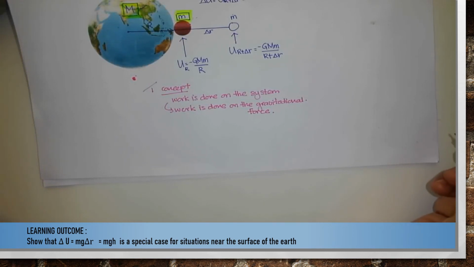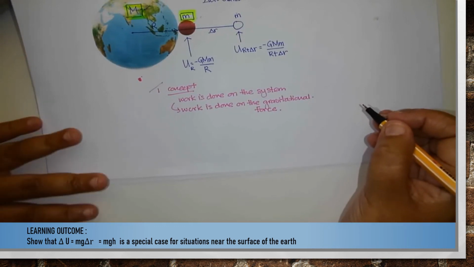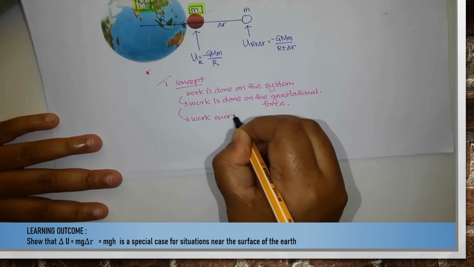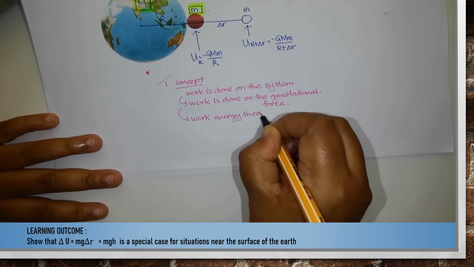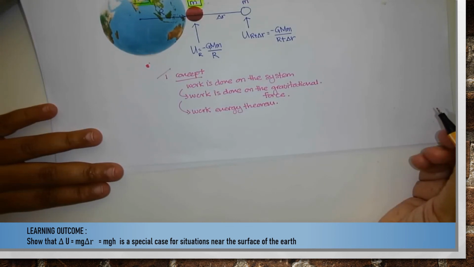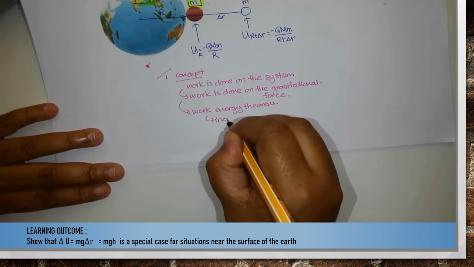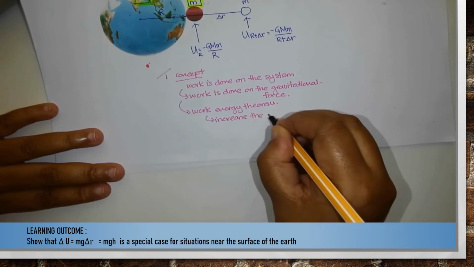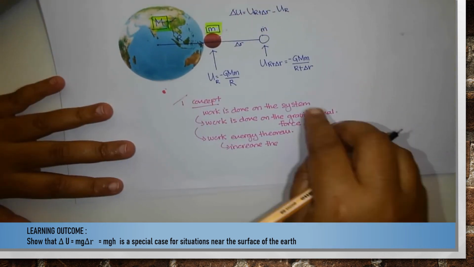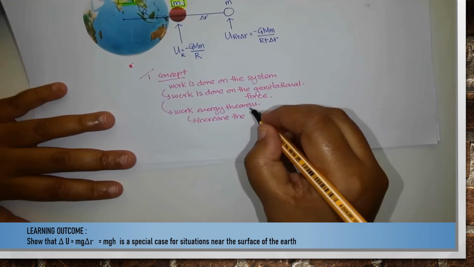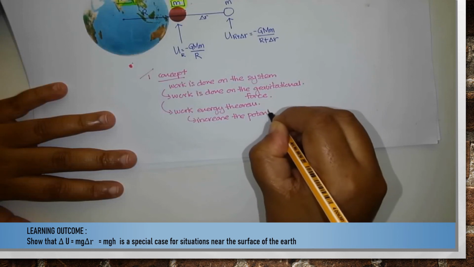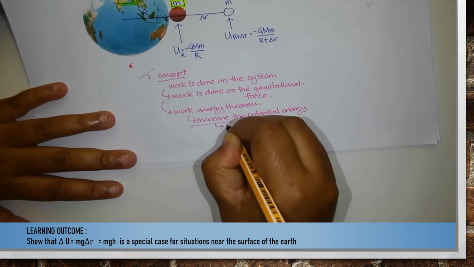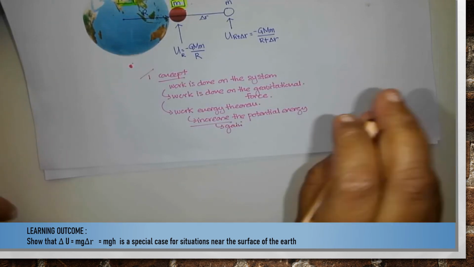According to the work energy theorem, it will increase the potential energy, increase the mechanical energy. Moving from one position to another position will increase the potential energy, or we can say gain in the potential energy.